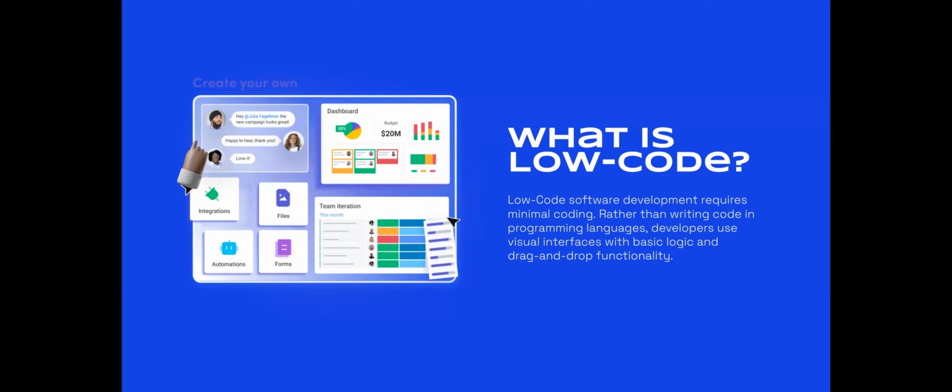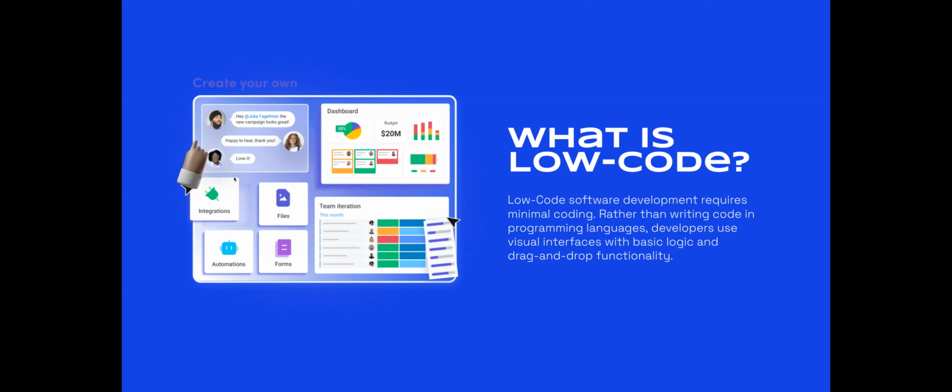So instead of you starting to write, say, JavaScript, or Flutter, or React, or Vue or Angular, or any of those languages, you begin to use visual interfaces to do drag and drop. So platforms that allow you to do drag and drop, and then do minimal coding to join them together and reach the finish line to get the kind of results you're looking for.